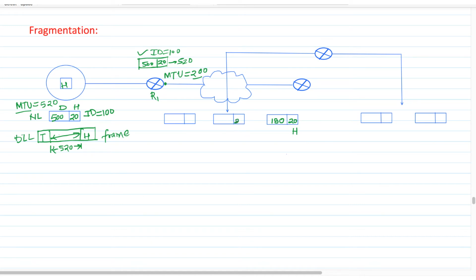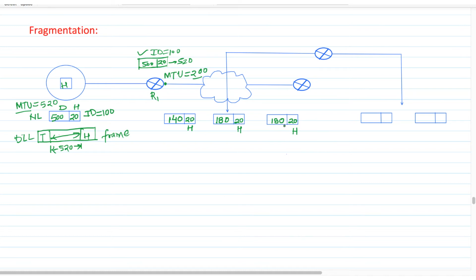For the second fragment, the header is again compulsory, so 20 bytes are header, and the maximum data we can take is 180. So in total 360 bytes are taken out of the 500. Next, 20 is for the header and the remaining data is 140. This is how the datagram will be fragmented into 3 fragments.